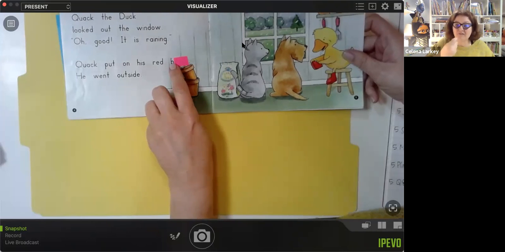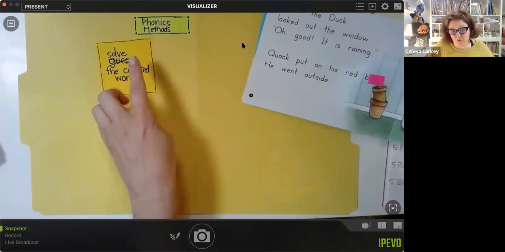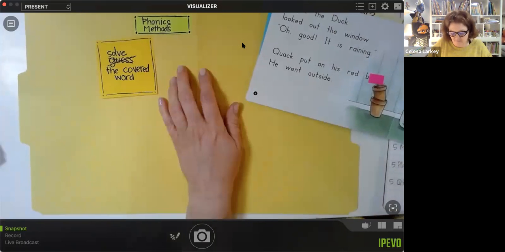And I'm doing all of that work using a method of guessing the covered word, or like I said before, we'll call it solving the covered word.